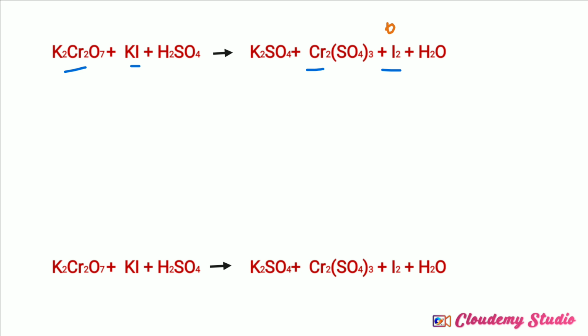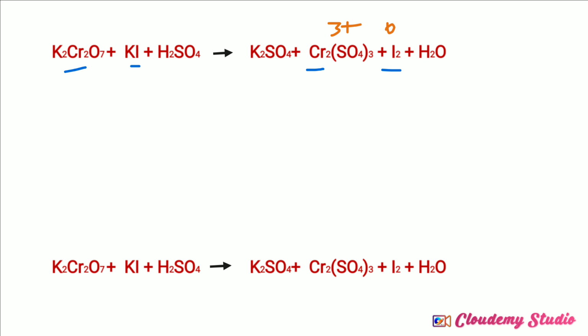For chromium, the sulfate charge is 2 minus, and in order to balance this, chromium must have 3 plus. Chromium, the oxidation number is 3 plus at the right hand side.